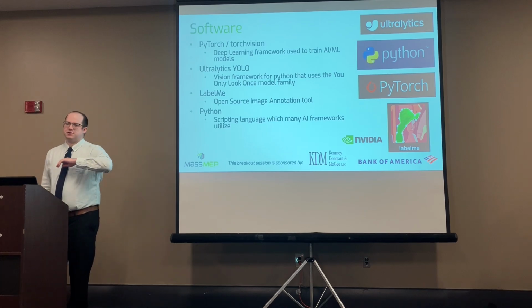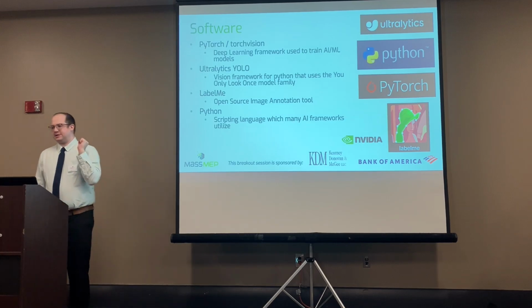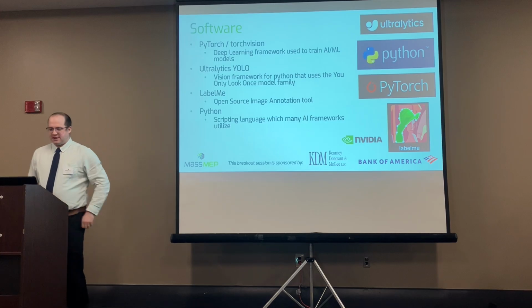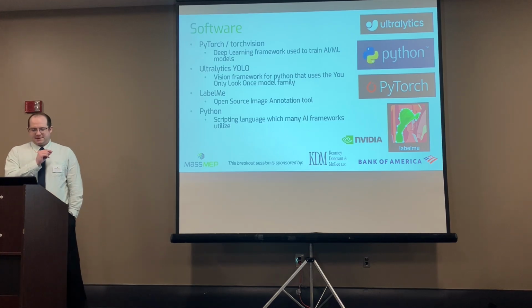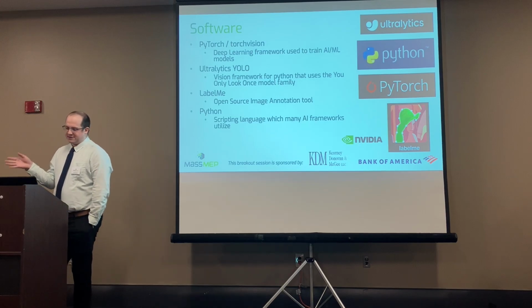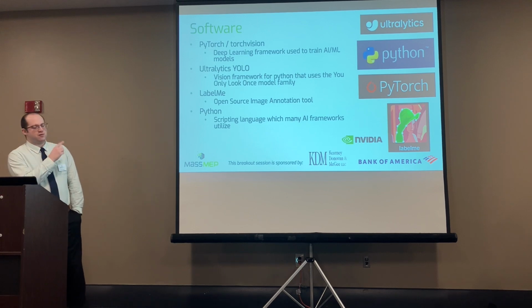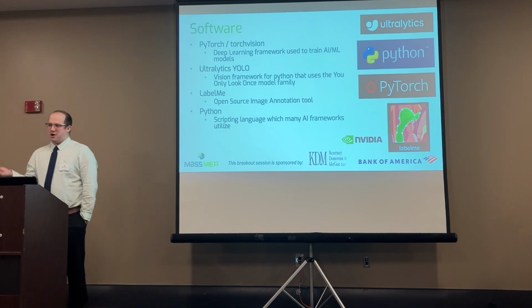So it's essentially just trying to grab an image, run a model over it, and spit out some kind of an output. We use PyTorch and its subsequent library, Torch Vision, as a deep learning framework. And we use that to essentially train an AI ML model.